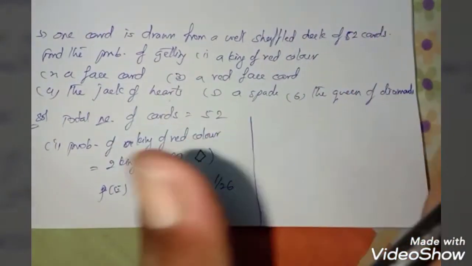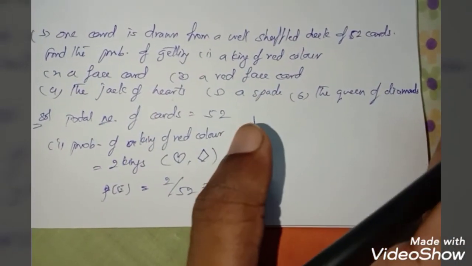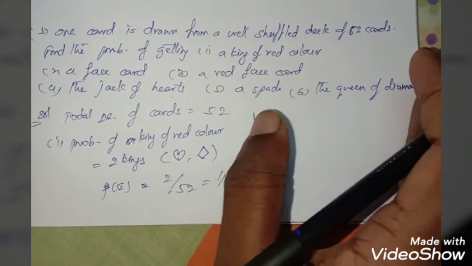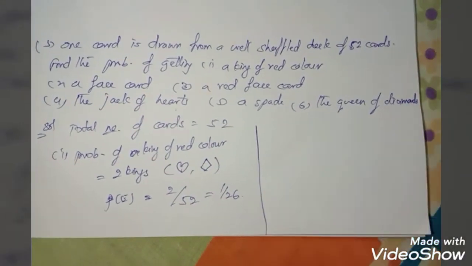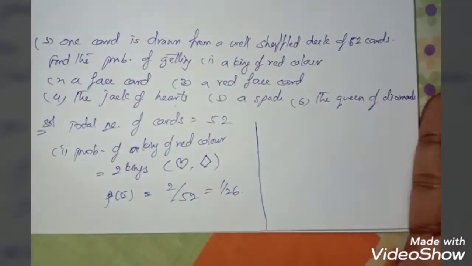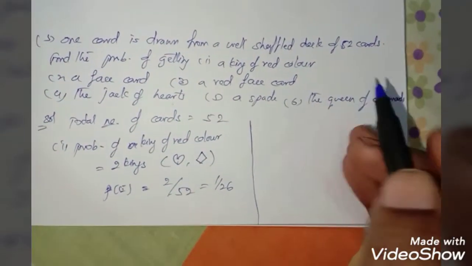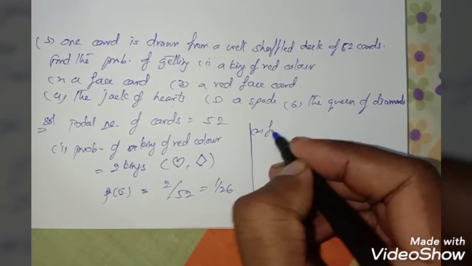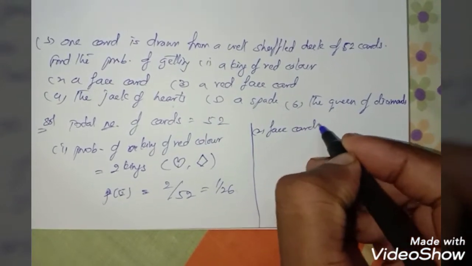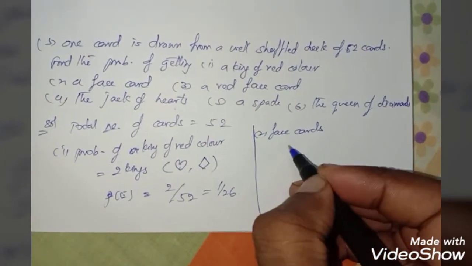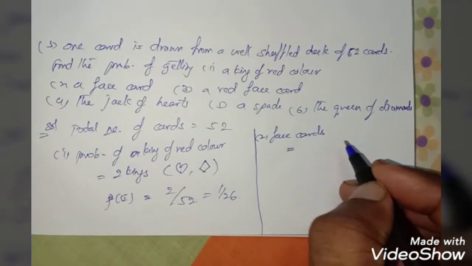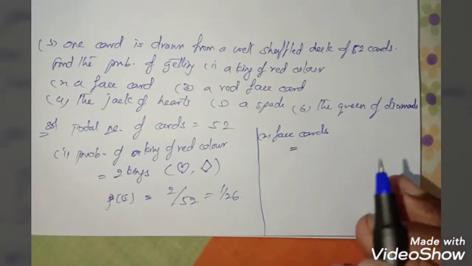A face card means they have not mentioned which color, right? If they have not mentioned any color, you can go for all the face cards from all the variants. Now if I go for the second one, face cards, each suit consists of three face cards.